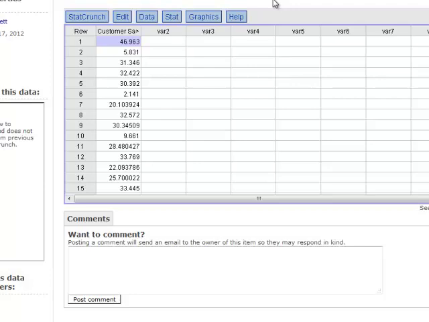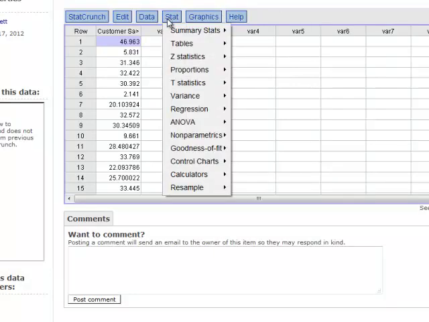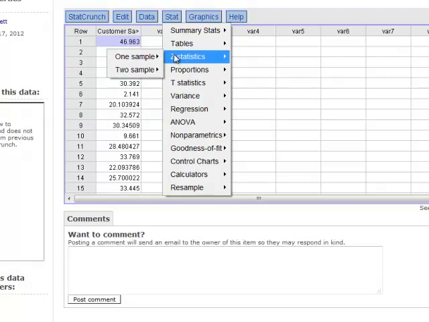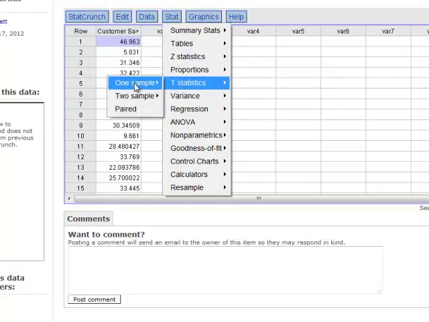But just recognize that for means, you always want to use the t-distribution, the t-statistic. So for computing confidence intervals, you would use stat and t, one sample, for confidence intervals for means. You'll always use the t-statistic, never the z-statistic. Okay?